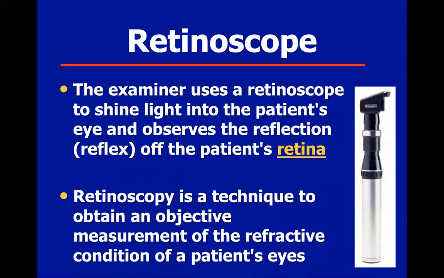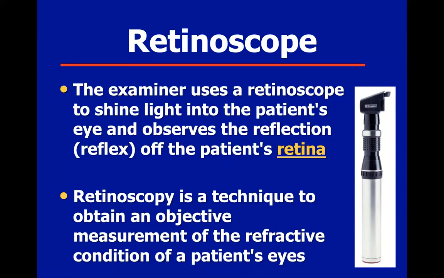Then we have the retinoscope. This is also very important because we have to be able to understand the different refractive errors. And the retinoscope has nothing really to do with examining the retina, as the ophthalmoscope does.